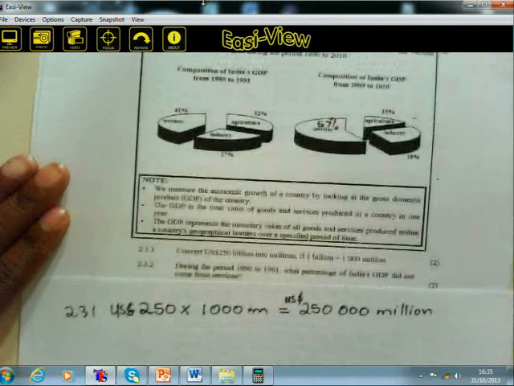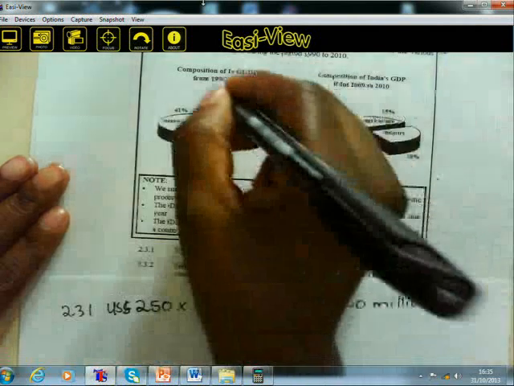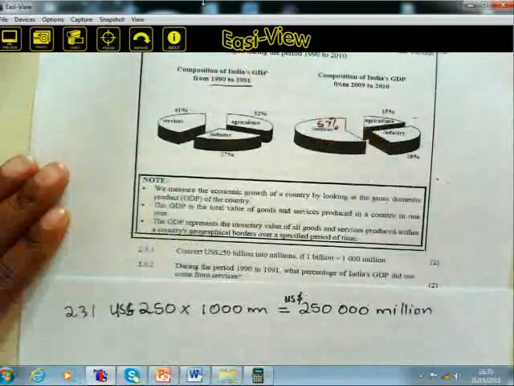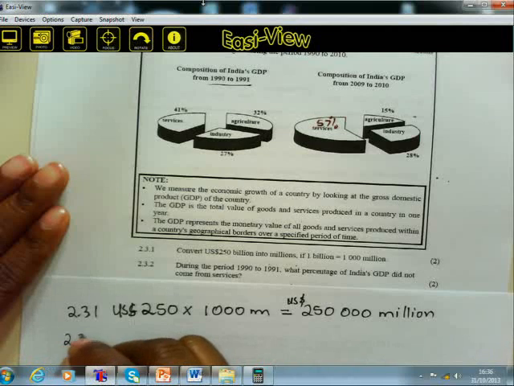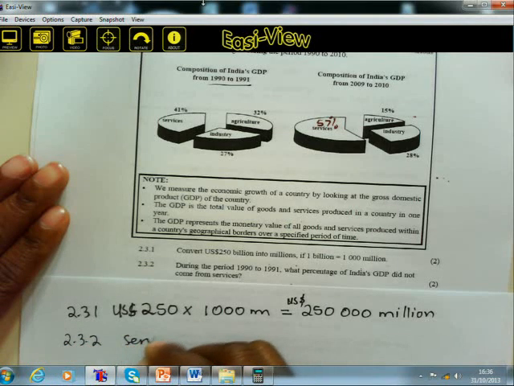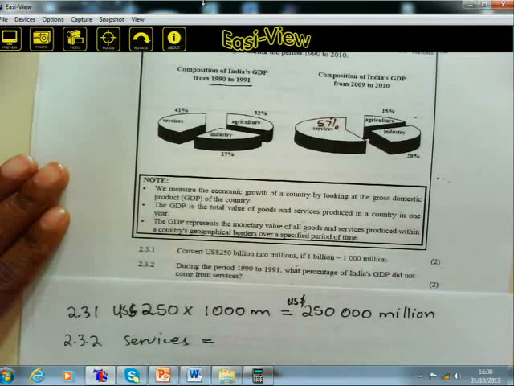services? During the period 1990 to 1991, what percentage of India's GDP did not come from services? Let us start with what percentage came from services. 2.3.2. From services, what is the percentage?